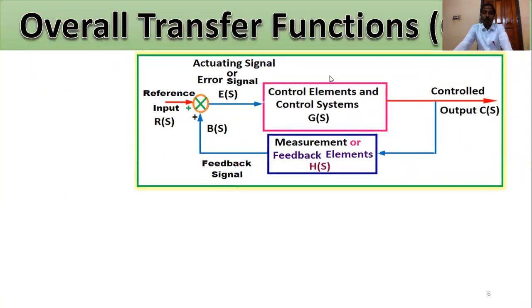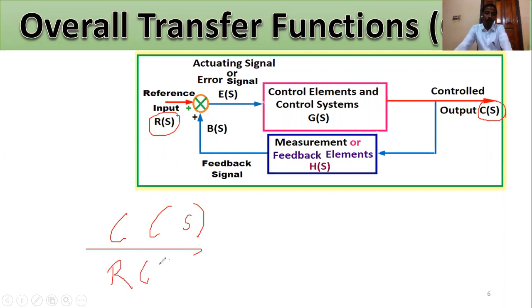For a closed loop positive feedback system, the system output C of S divided by the reference input R of S, the Laplace transform of output divided by the Laplace transform of input with all initial conditions as zero, is called the transfer function.